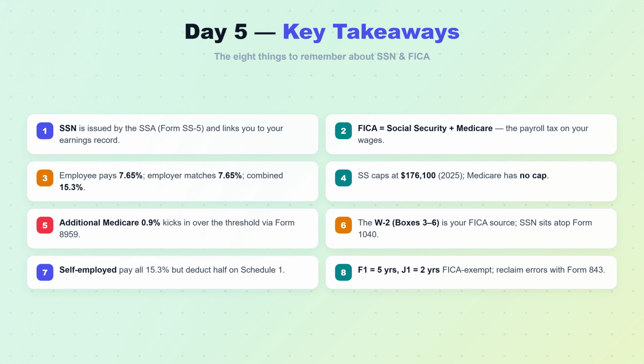Medicare has no cap. 5. Additional Medicare of 0.9% kicks in over the threshold via Form 8959. 6. The W-2 boxes 3 through 6 are your FICA source, and the SSN sits atop Form 1040. 7. The self-employed pay all 15.3 but deduct half on Schedule 1. And 8. F1 is exempt 5 years, J1 2 years. Reclaim errors with Form 843.